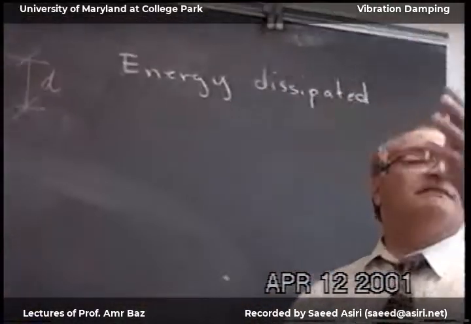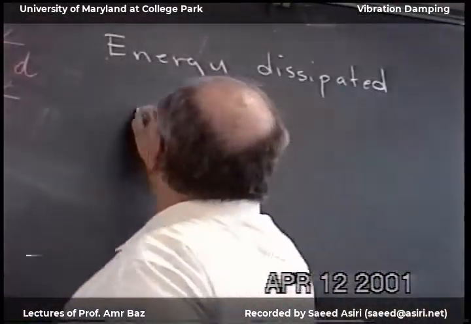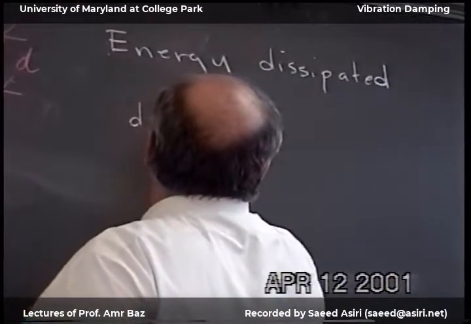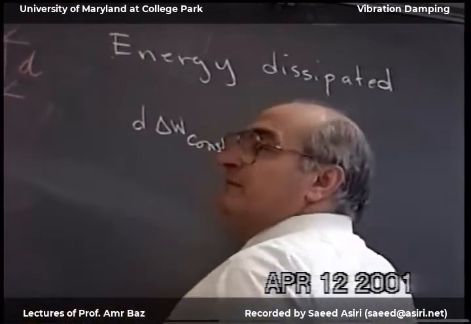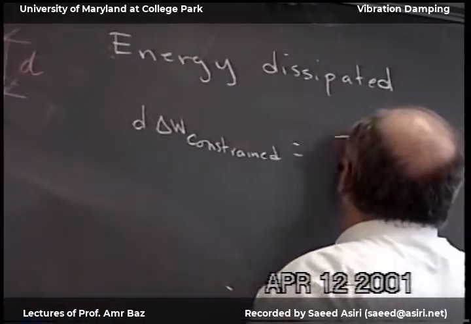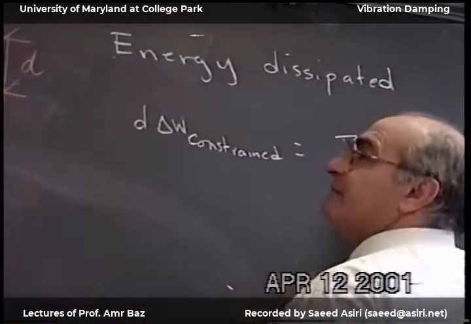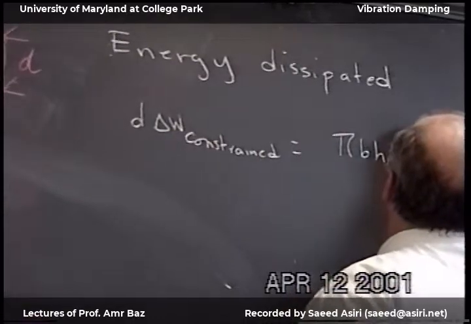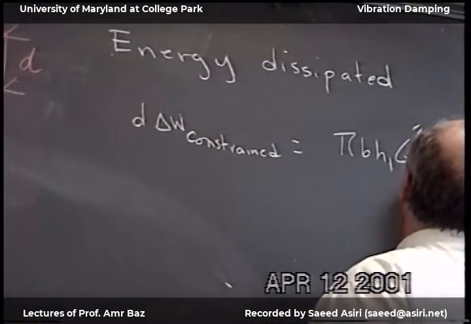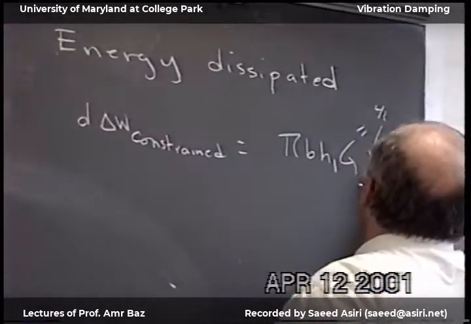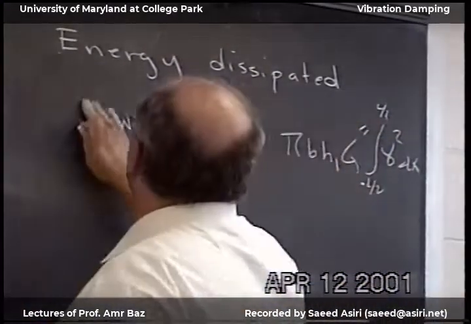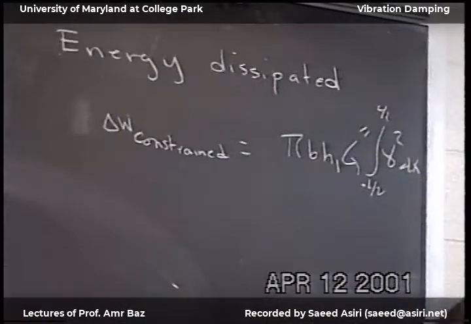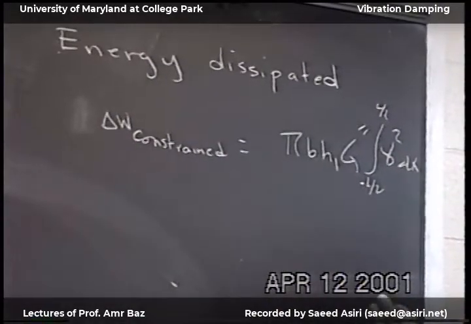I can calculate it exactly as we've done before. Delta W, constraining layer. The same story as we have: pi b h, G double prime, integral, dx. And this will be the total. Okay? Now I want to get an estimate of the loss factor.